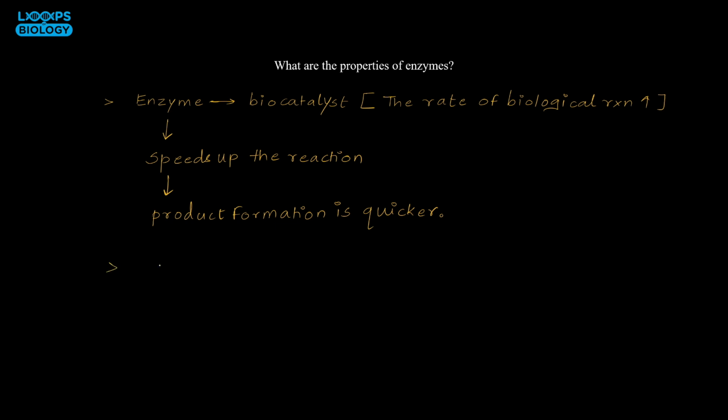So in this particular case, the enzyme needs to bind to the substrate. Got it? So first of all, whatever the substrate is required for a reaction that must be converted into a product, that has to bind with the enzyme first.